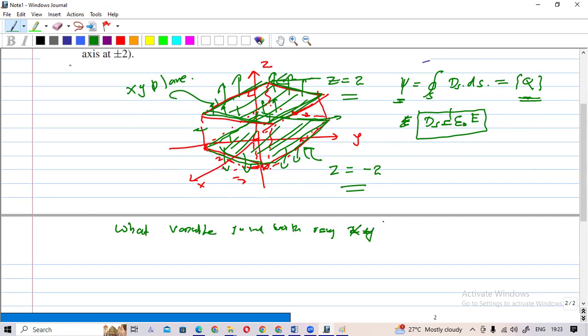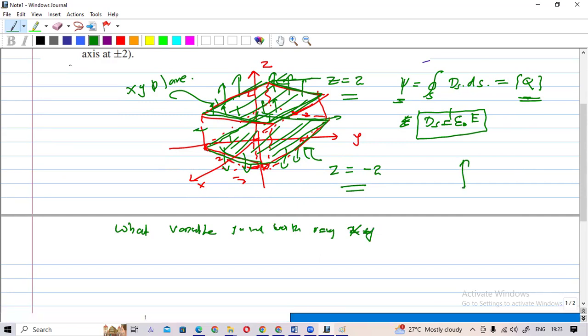If I consider this as x and this as y, there is one plane that is z equal to -2.